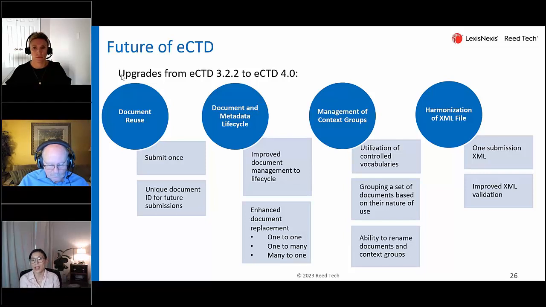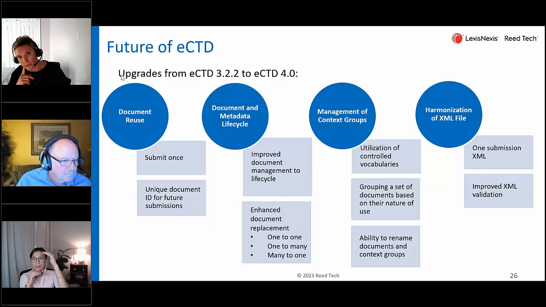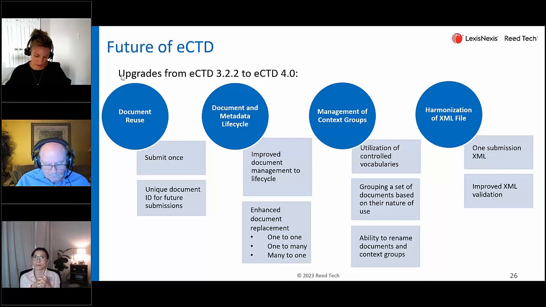As far as management and context groups, this is basically a group of relevant documents based on their nature of use. What I mean by that is you could take a bunch of documents that are relevant to each other and group them as a set. How you're able to do that with 4.0 is they are now issuing a controlled vocabulary of data, so keywords, if you will, to subset and group these documents together.